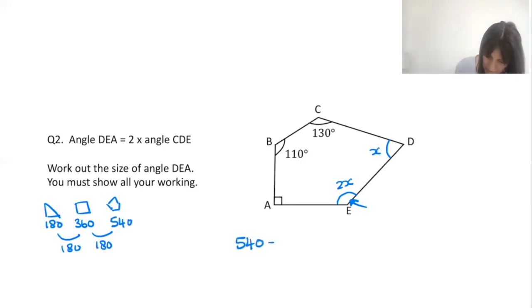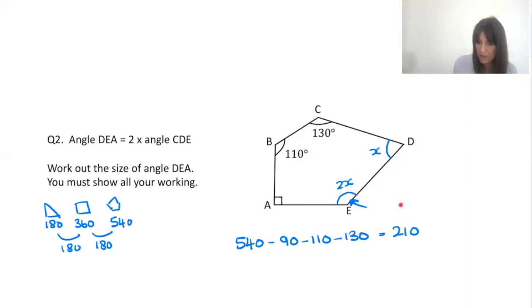We take away what we know. So we've got a 90-degree angle, 110 and 130. That's going to give us 210. So these two angles here total 210. 3x, that's the total of those two, is equal to 210.